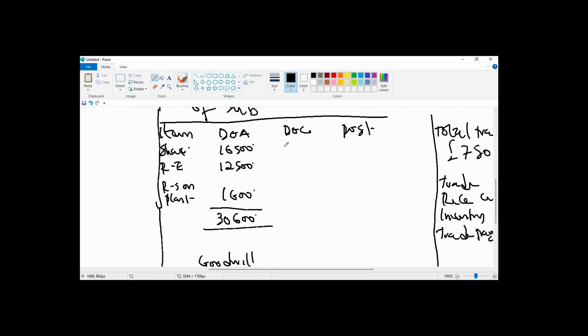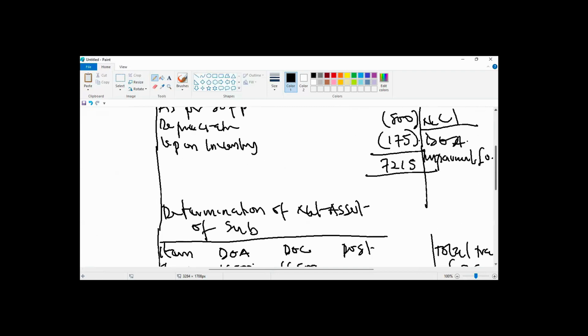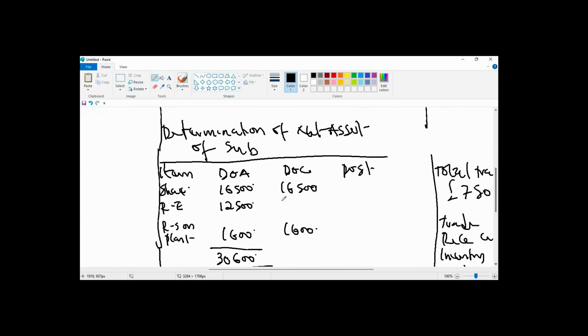So the share capital, they did not revalue further. I will go to the question. 7215. Don't forget, it is DOC minus DOE. 7215 minus 12,500.